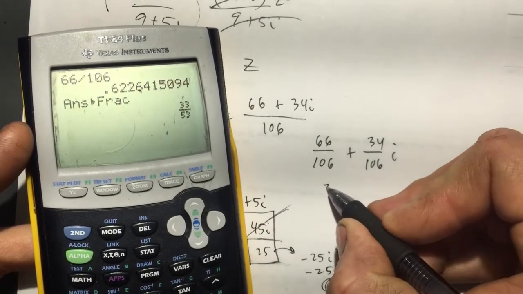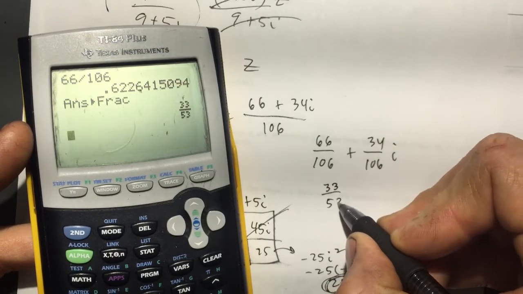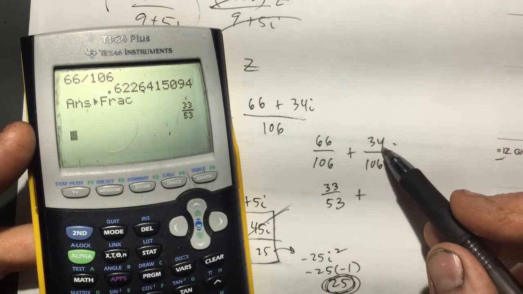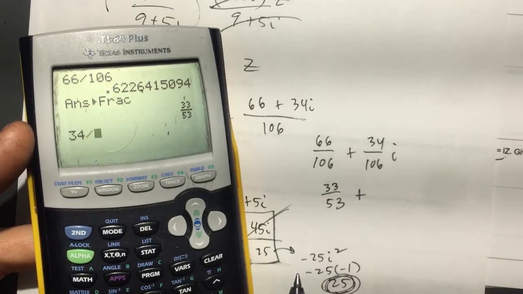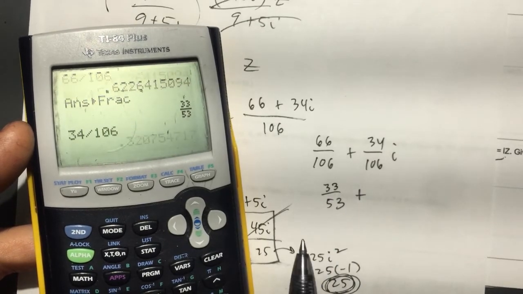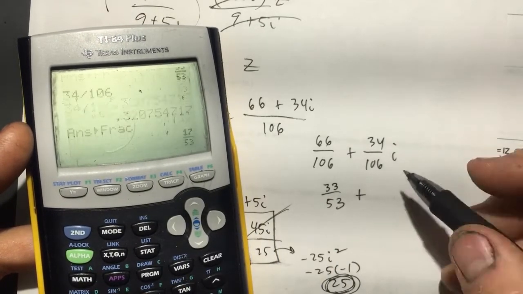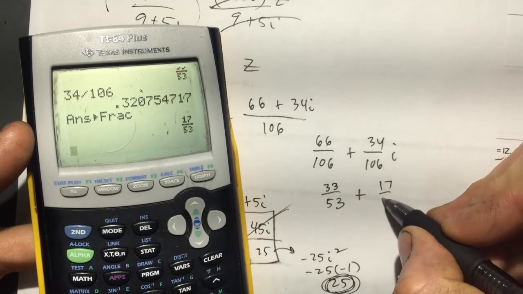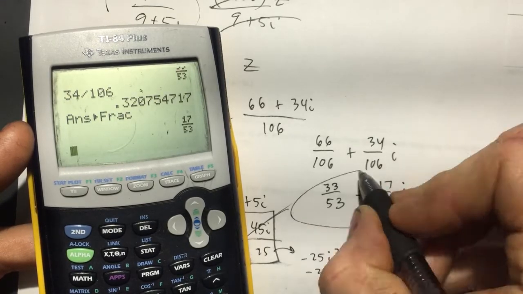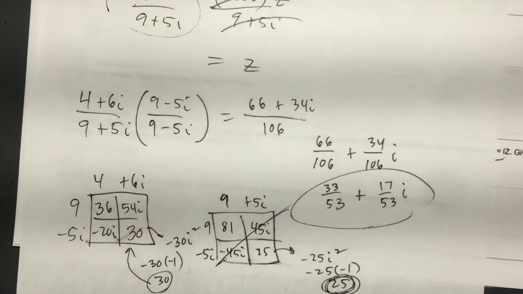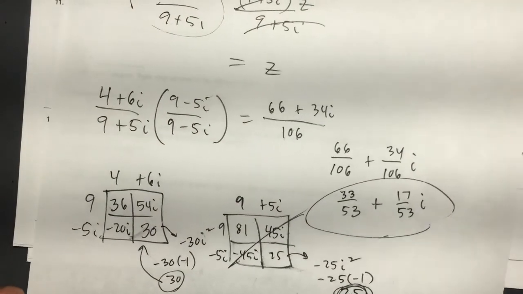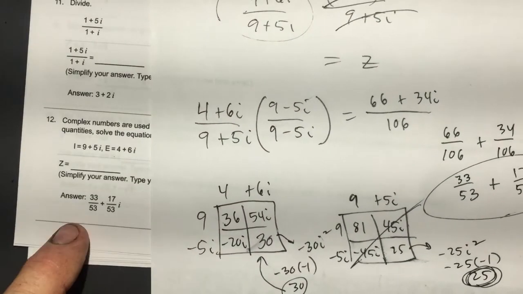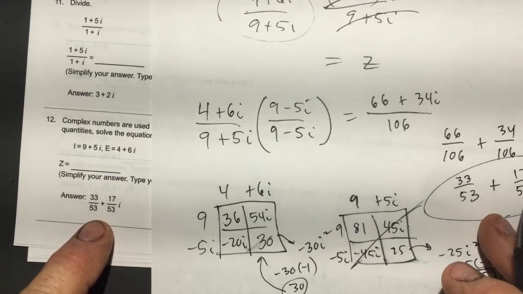That's going to be 33 over 53. When I do this, 34 divided by 106, that's going to be 17 over 53i. That should be my answer. Oh Lord, I hope it's right. We're good. We got it, man.